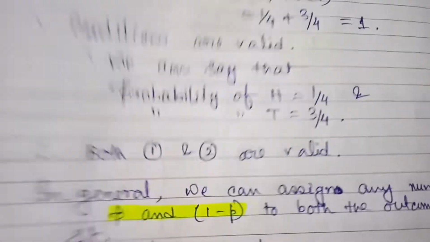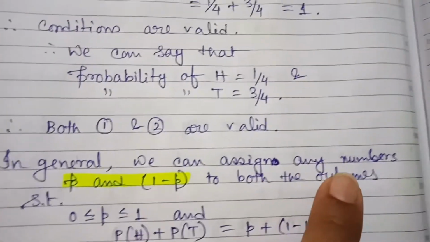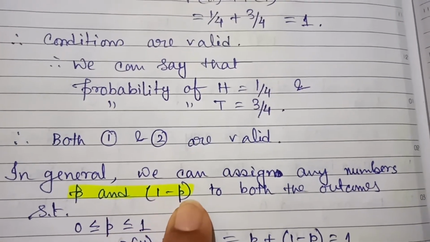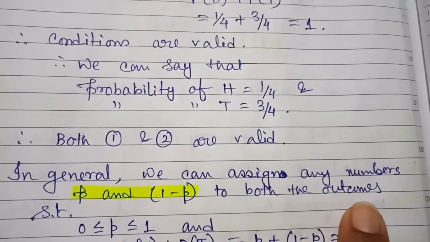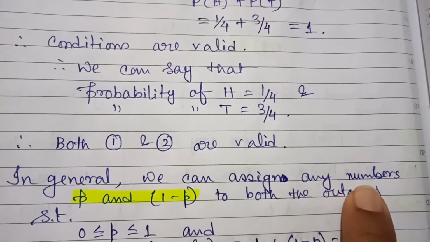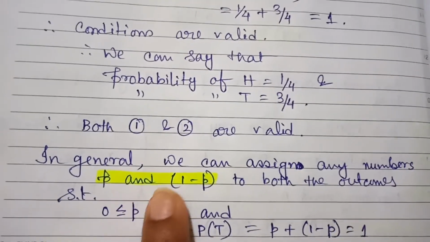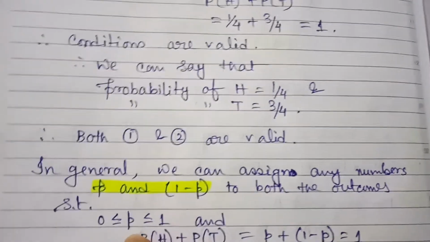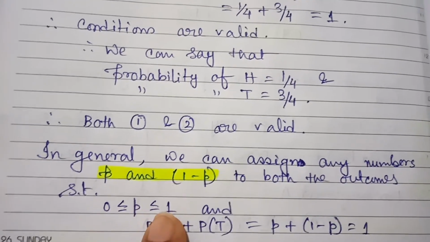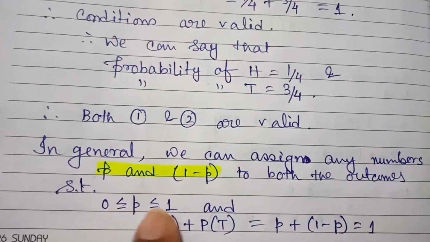So in general, what can we say? In general, we can assign any numbers P and 1 minus P to the two outcomes, where P must be greater than 0 and less than 1, that is between 0 and 1.